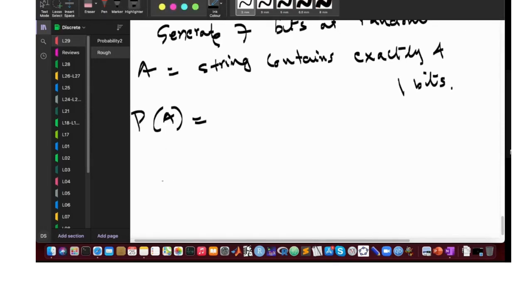So सबसे पहले तो आप compute करें कि what's the size of the sample space. How many strings can you generate of 7 bits? 2 to the power 7. 2 power 7. Yeah, so that's fine.